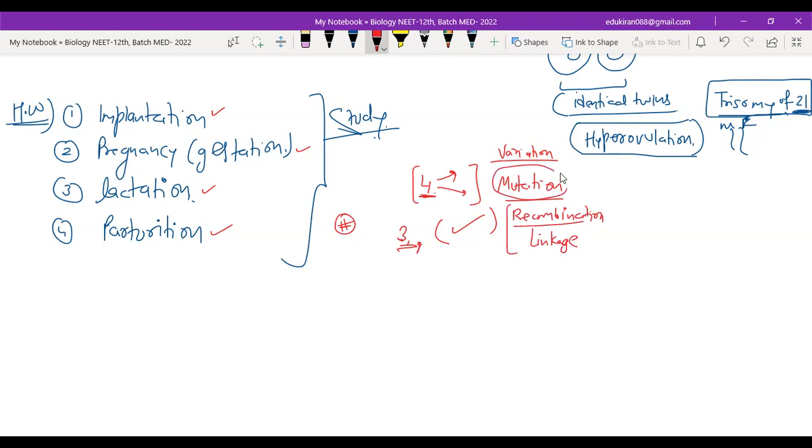So mutation causes genetic variation normally in both asexual and sexually reproducing organisms. Recombination causes genetic variation in sexually reproducing organisms, and linkage does not allow recombination to happen. So the relationship is like this: greater the linkage, lower the recombination.